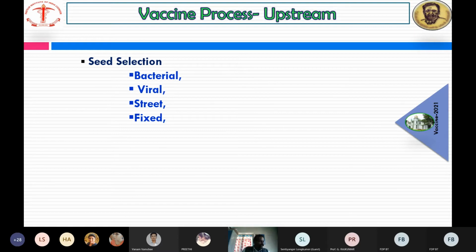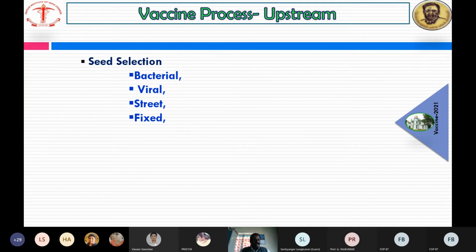Fixed means I passage or subculture the same street virus in animals or a suitable cell line, either a Vero cell line, BHK21, MDBK, MDCK, or a liver cell line. The infected virus is kept in a separate tube, then used to infect new monolayer cell lines again. That is passaging or subculturing.